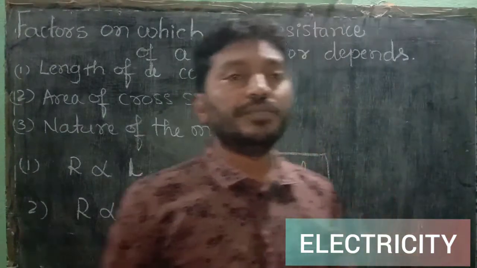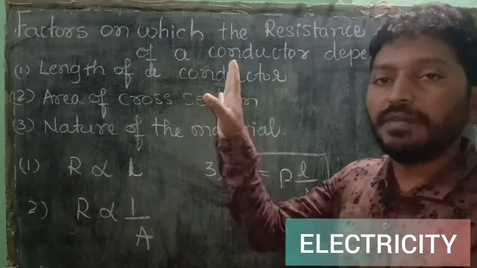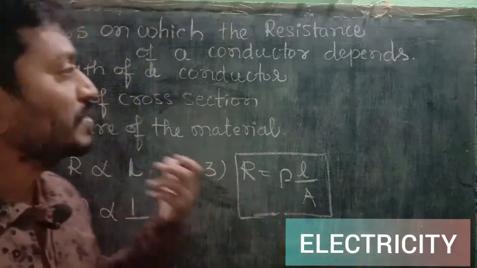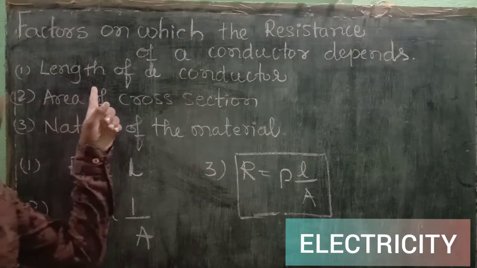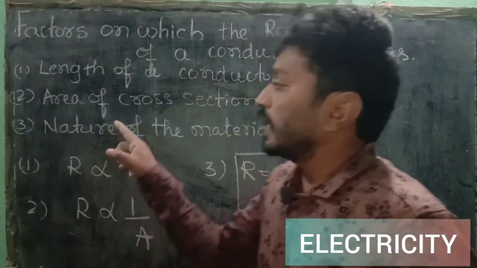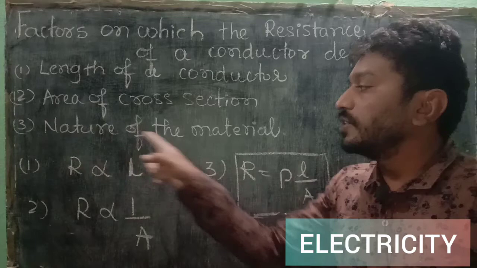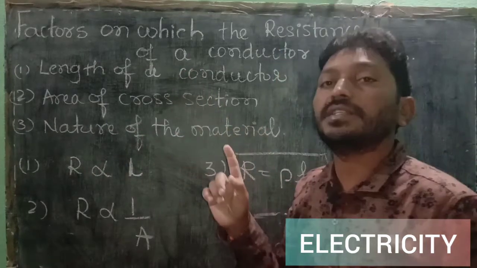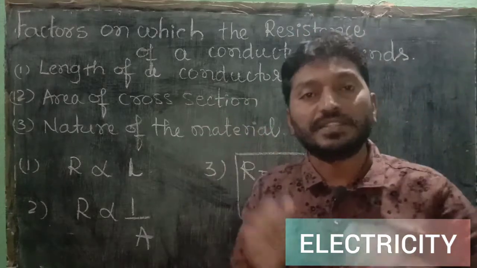Those factors we have to study one by one. The first factor is the length of the conductor. The second one is the area of cross section. The third one is the nature of the material. So these are the important factors on which resistance mainly depends.